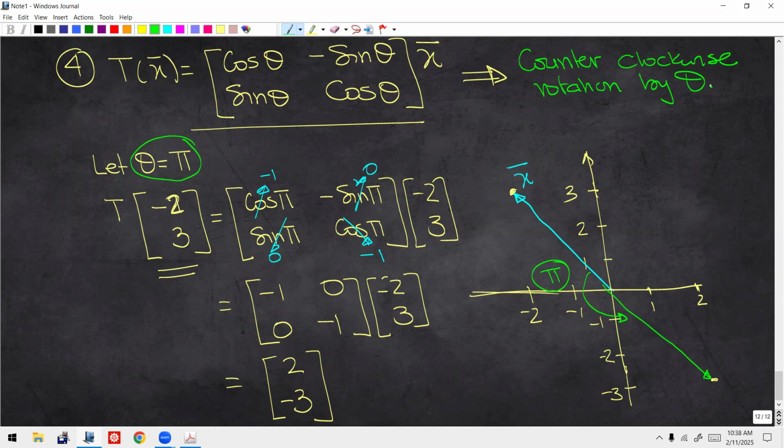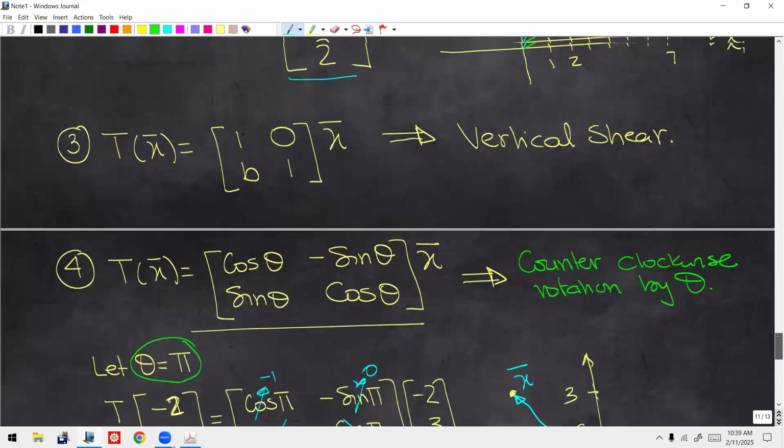So we can manipulate them many different ways. I have just given you a small subset of this. You can do all kinds of other stuff. You can do reflections. Is that okay?